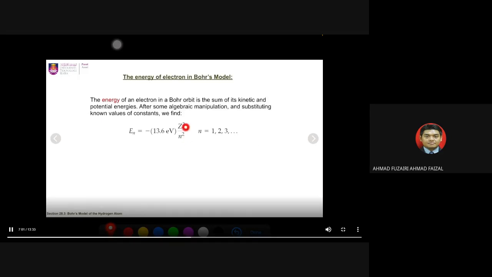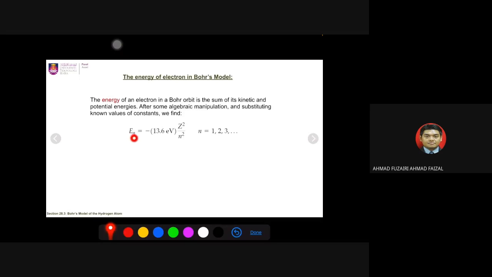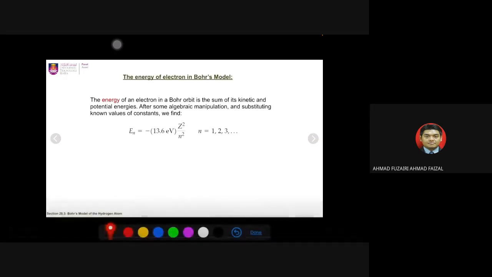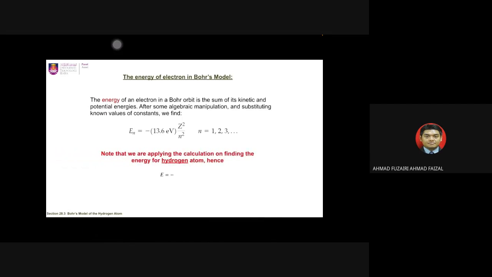So from this equation, we can say that the energy is inversely proportional to the number of orbital, meaning that if the position of the electron is away from the nucleus, then the electron will have lower energy. So the general equation specifically for Bohr's model is energy E is equal to negative 13.6 over n square.